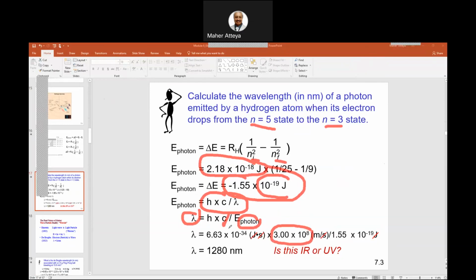This is the Planck constant, correct? You multiply those together and divide by the amount of energy already calculated here, and you can determine the wavelength, correct?